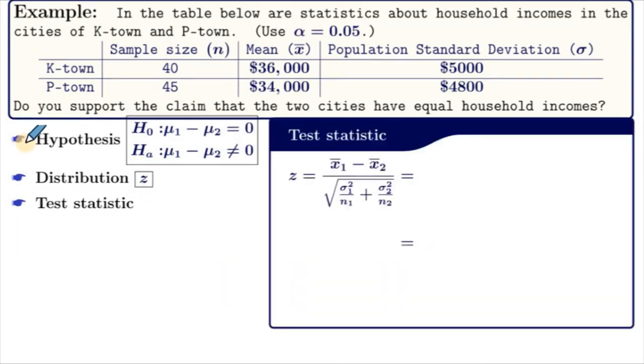Next, let's calculate test statistic Z using this formula here. So here we need mean of the first population, which is x bar 1, that is 36,000. Mean of the second population is 34,000. Sample size of the first population is 40. Sample size of the second population is 45.